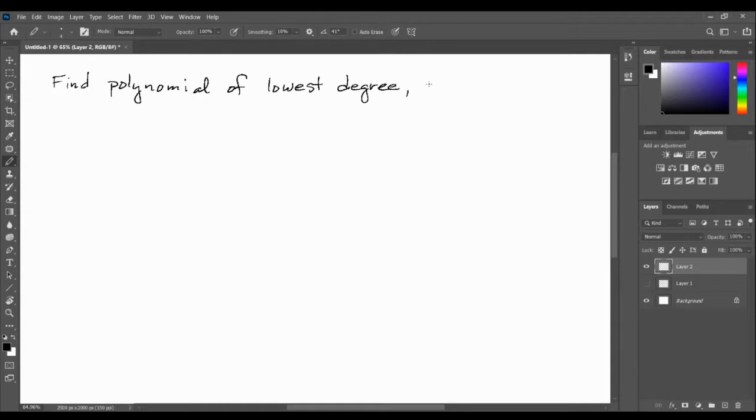But it does have negative square root 3 and 1 plus I as zeros. So we know that it's at least a squared because we have two zeros.